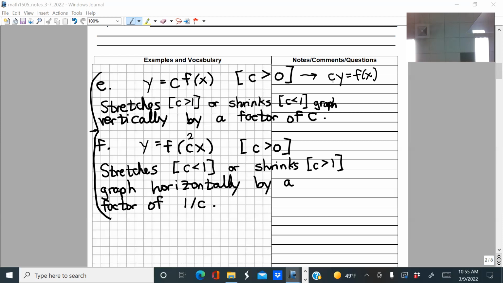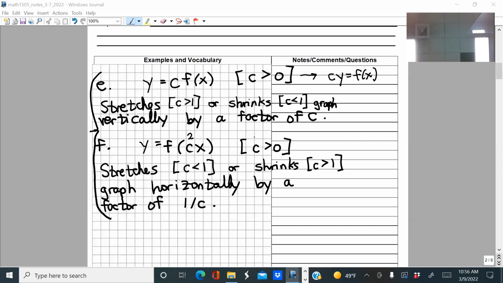So again, you can read these instructions exactly the same. If the constant is less than 1, you're stretching. If the constant is more than 1, you're shrinking. And just take that constant and divide it into 1, and that tells you the factor by which you're stretching or shrinking. So really, all we're doing in these transformations is we're either manipulating the variable y or the variable x.